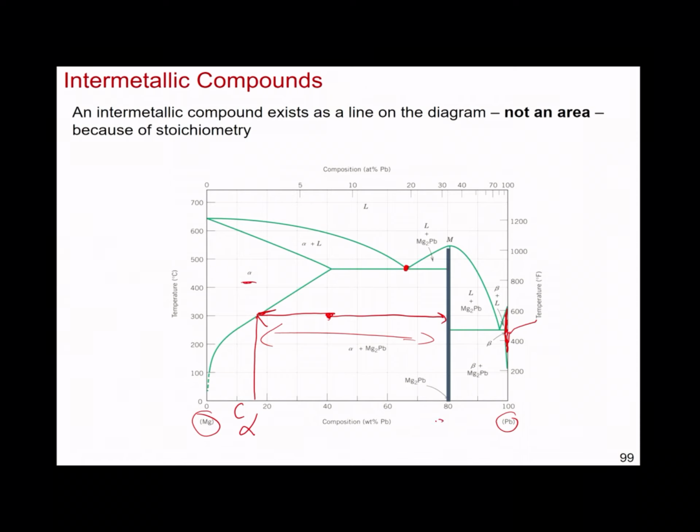So to apply the lever rule, it's the same technique. If you're calculating weight fraction of alpha, you take that line divided by the entire length right here. So you treat it similarly, but your C magnesium 2 beta is 80. You just read it off of the plot here. It just goes straight down.